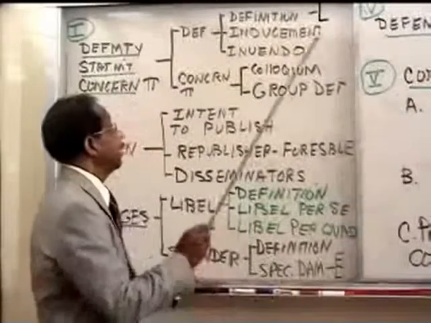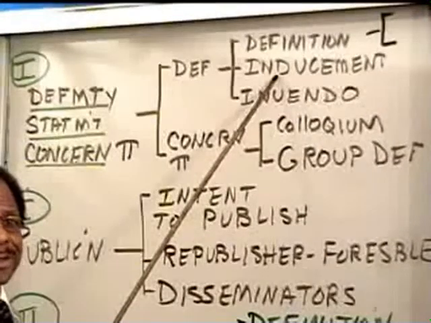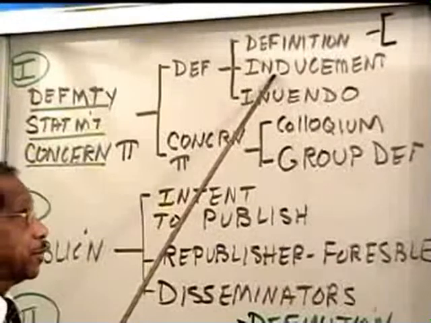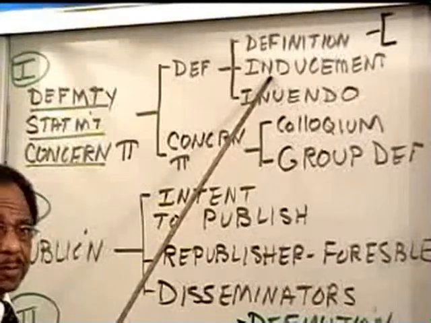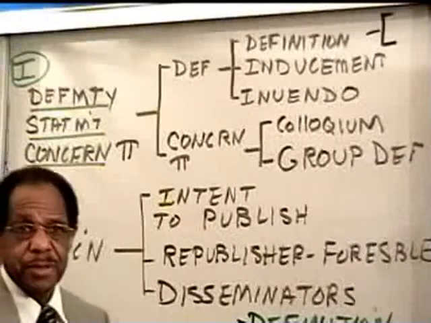And so that additional statement that you have to know in order to understand the defamatory sense is called the inducement. It's not the statement itself so much that is called the inducement.